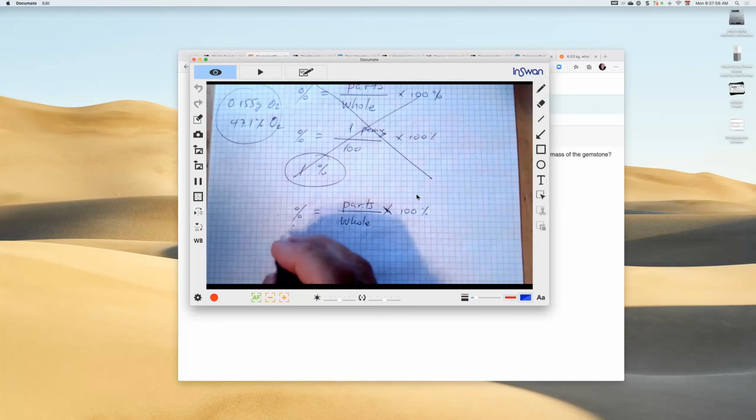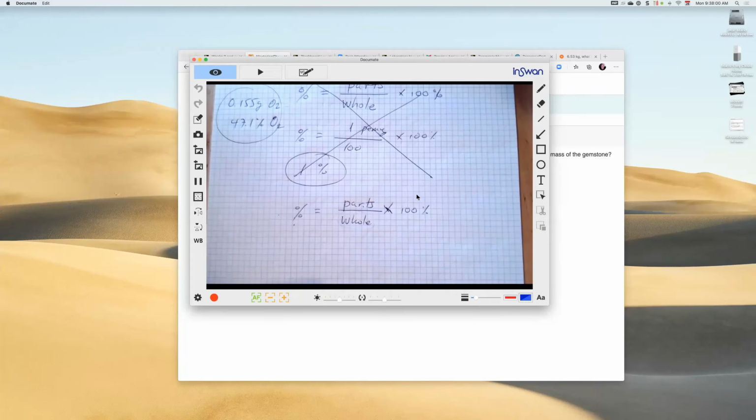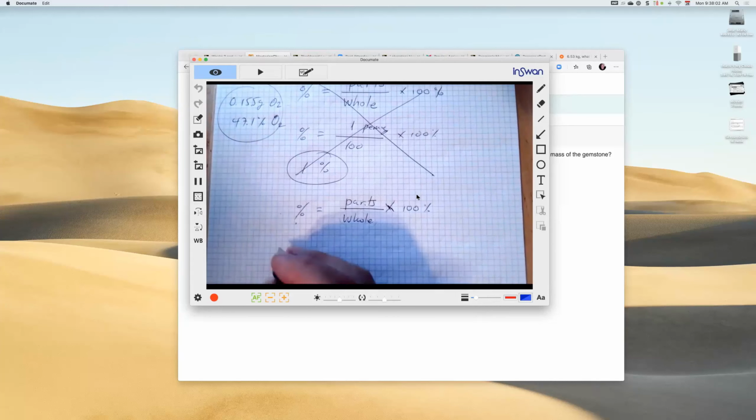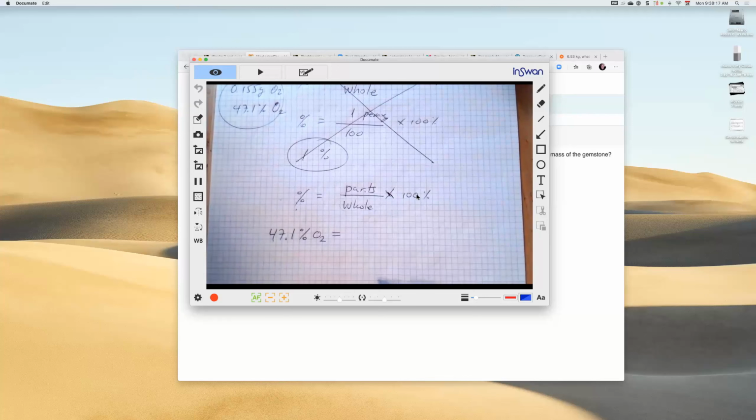Okay, so we're going to recopy this formula, but now with all the information that we have. So we know that a gemstone of that type, a sapphire, is 47.1% oxygen. I'm going to use the symbol just because we need to get used to chemical symbols. Equal, so there is an equal sign.